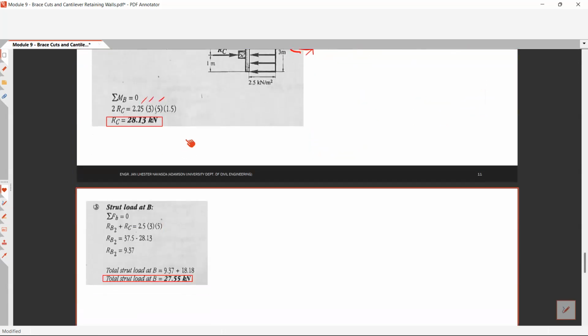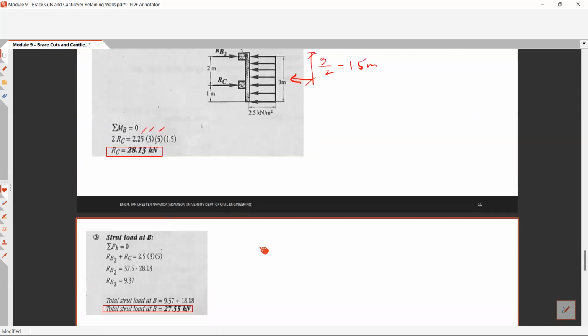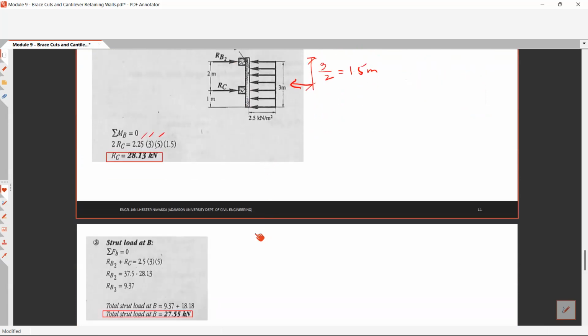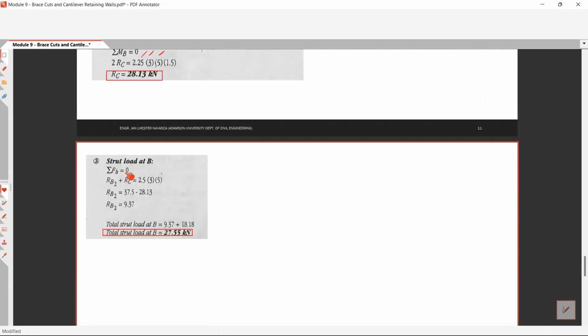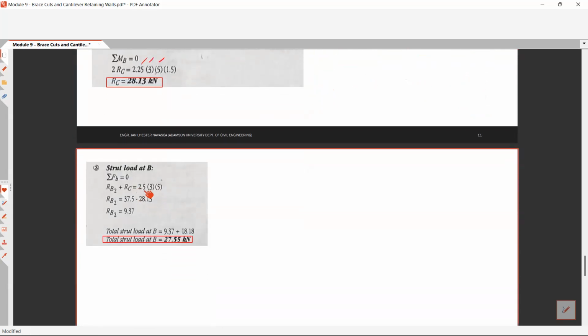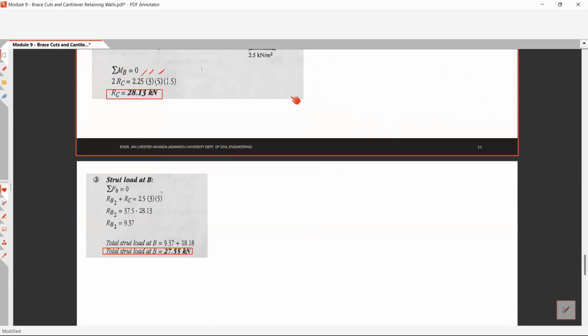For solving the strut load at B, just solve for RB2. RB2 plus RB1 is the total reaction at B. Summation of horizontal forces equals 0 in solving RB2: RB2 plus RC is equal to 2.5 times 3 times 5-meter spacing. You have RB2 to be 9.37.